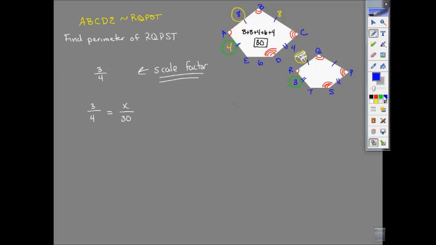And that's the one I'm looking for. So I'm going to cross multiply. And I'm going to get 4x is equal to 90. Divide both sides by 4. And I'm going to get that the perimeter of the second figure is 22.5.